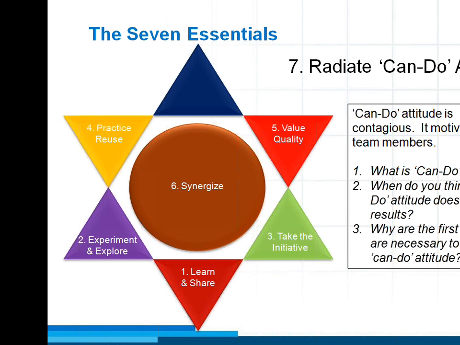Without the first 6 habits, if someone tries to radiate can-do attitude, it will not last for a long time. Because without learning and sharing and experimenting and exploring and taking the initiative, people are going to get outdated very soon. They're going to become irrelevant. And with all these habits, when you exhibit can-do attitude, you remain relevant, you inspire others, or you influence others.